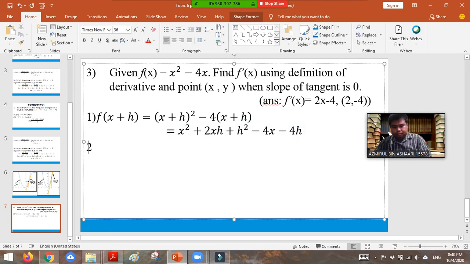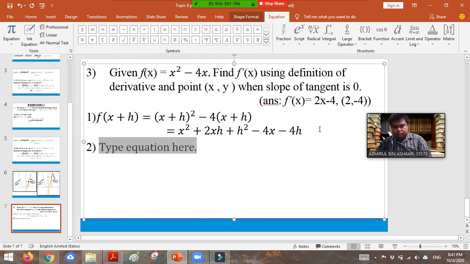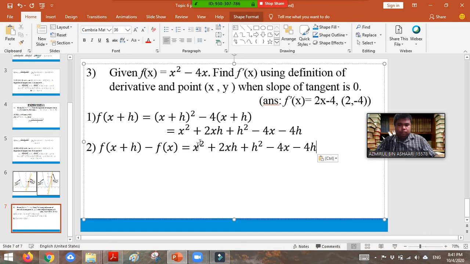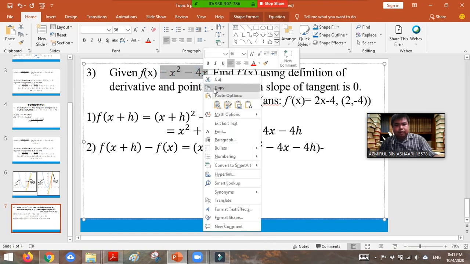The second step is that you need to find f(x plus h) minus f(x), which is equal to, I copy this one again, this is for x plus h, minus x squared minus 4x.